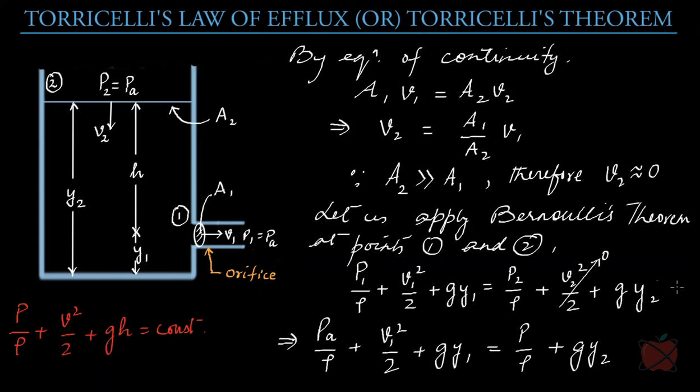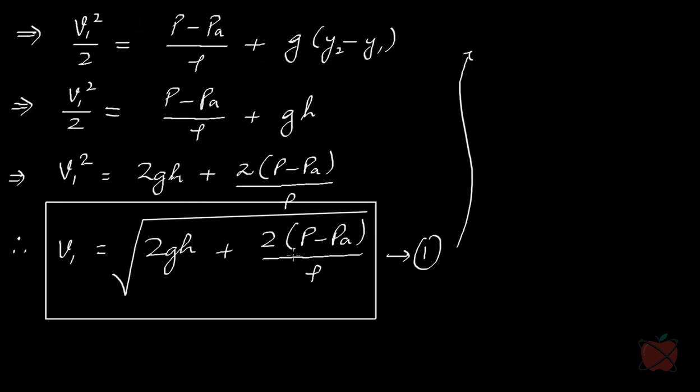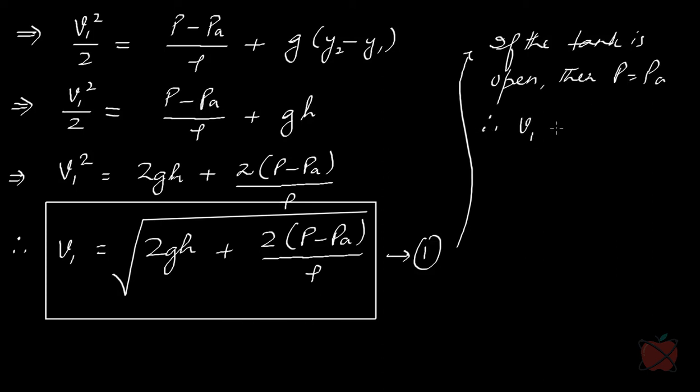Yes. So in that case, what will happen to this expression? P will be equal to PA, so this part will not be there anymore. So therefore V1 will be equal to the root of 2GH.